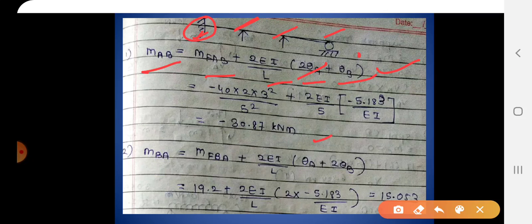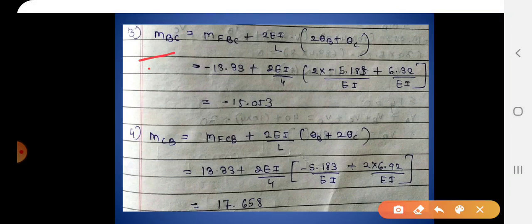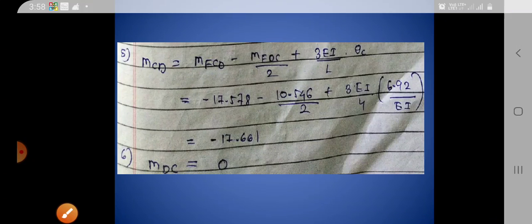Accordingly you will get the value of MAB and, on similar lines, MBA. For the third value MBC, B is a continuous support and C is also a continuous support, therefore we again use the normal slope deflection equation and get these two values MBC and MCB, putting in all the values.